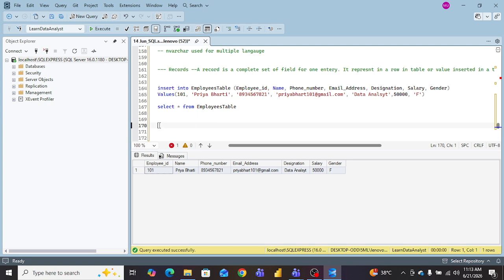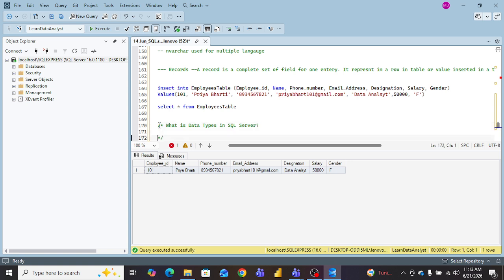Now we are going to talk about data types. What kind of data types are there in SQL Server? We have to understand this, and we will learn deeply. So, what are data types in SQL Server?